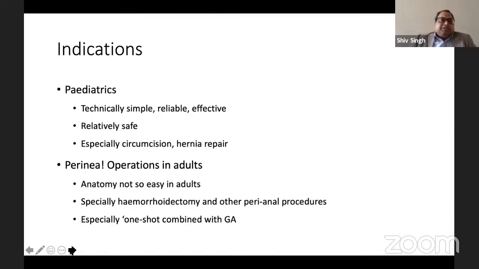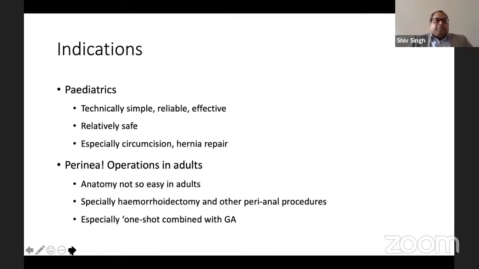It's used for circumcision and hernia repair. These are common indications, but it has been used for others as well, up to abdominal surgeries. The larger the volume you use, the higher the level you can get. People have even put catheters from the caudal space up to the thoracic level in pediatrics.